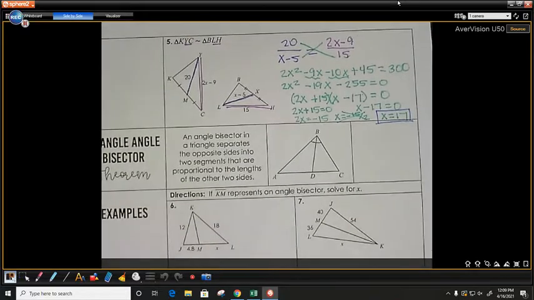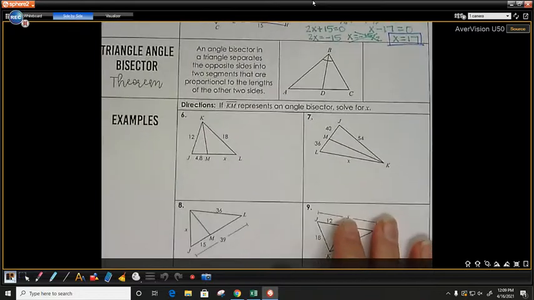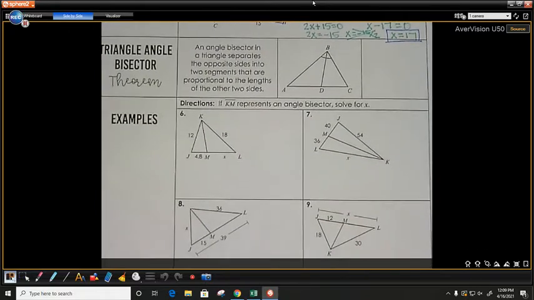Okay, so those are our parts of similar triangles. Now we're going to go to the triangle angle bisector theorem. What this says is an angle bisector in a triangle separates the opposite side into two segments that are proportional to the lengths of the other two sides.